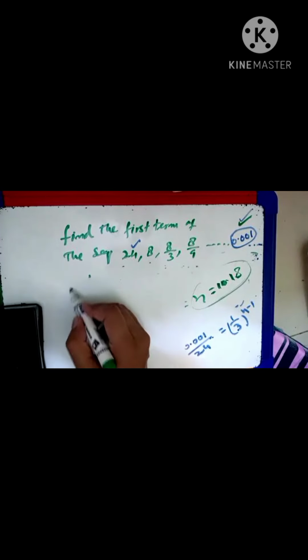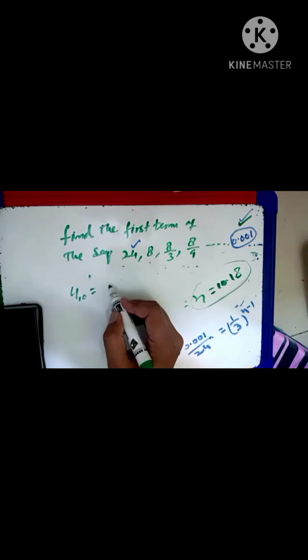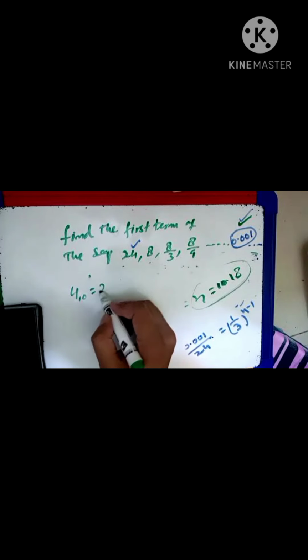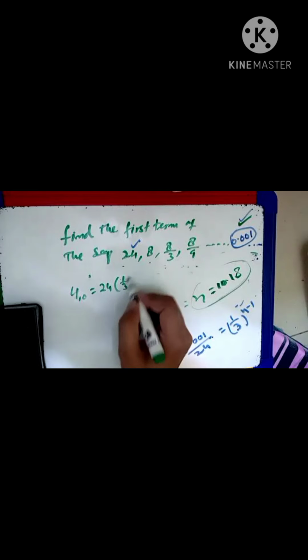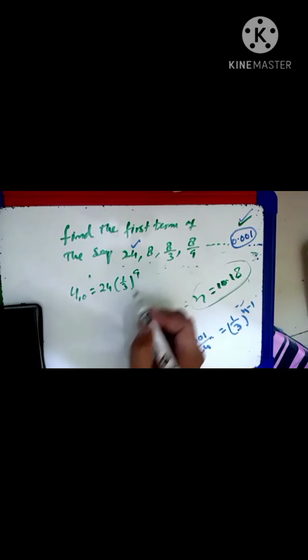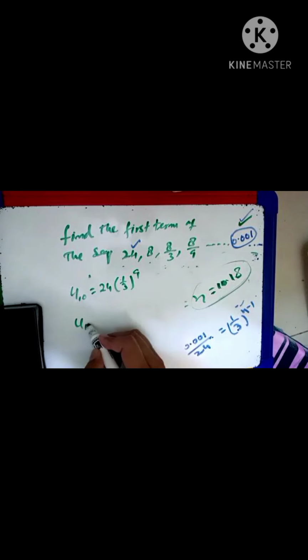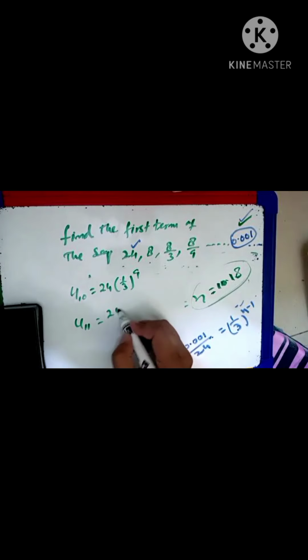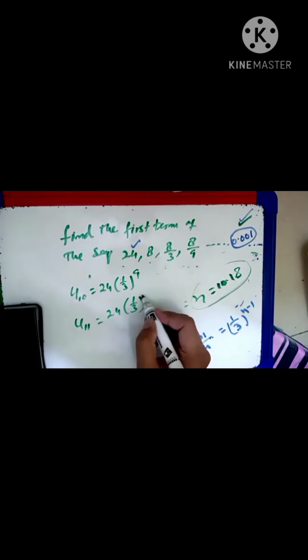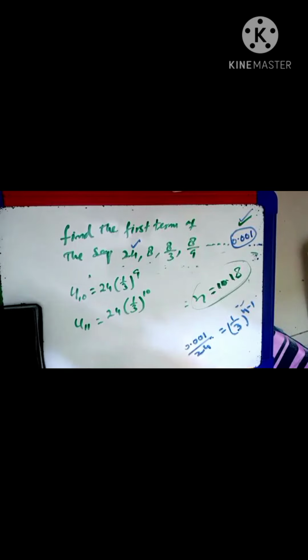You will check like that, u10. First you will check u10 equal to 24 times 1 over 3 power 9, or you can check u11 equal to 24 times 1 over 3 power 10, like this. These two things you will check. Then you can tell me for which term you will write which answer in the exam.